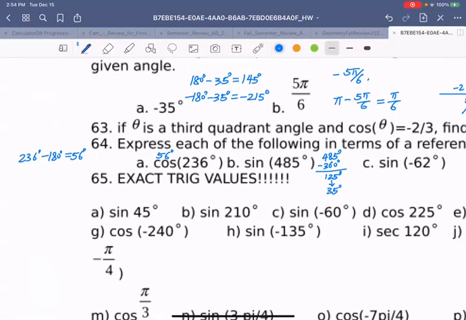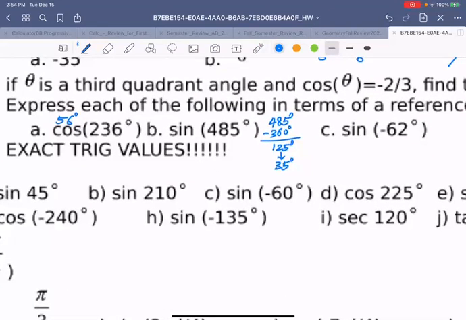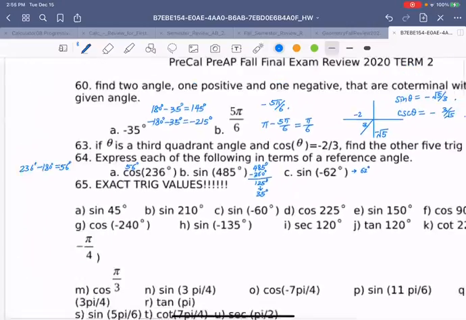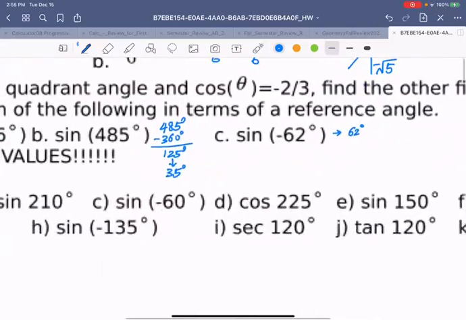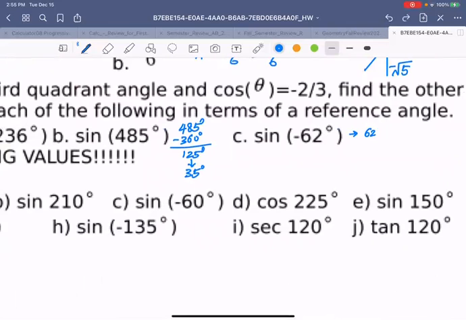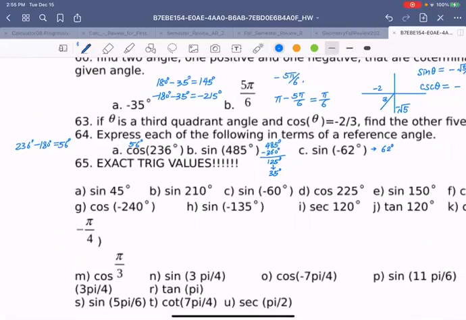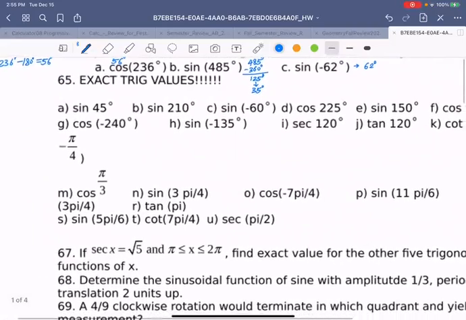Becomes 235. Does that make sense? Correct? Yeah. Well, this one is going to be 62, right? Yes. That's a reference angle. Now we can do the exact value.